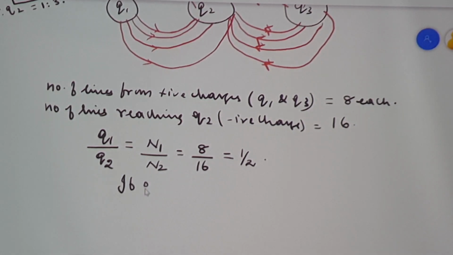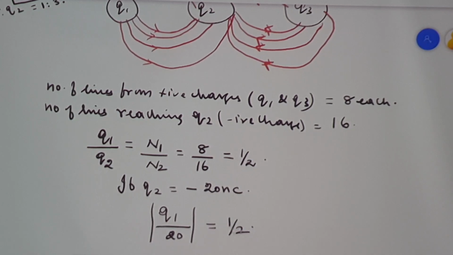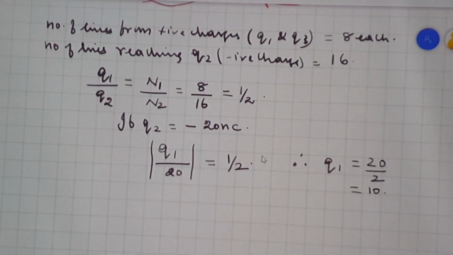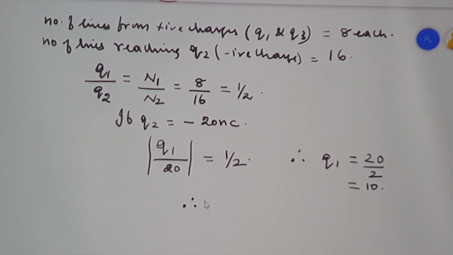Given Q2 is equal to minus 20 nanocoulomb, substitute here: Q1 divided by the modulus of Q2, which is 20, is equal to 1 divided by 2. Therefore Q1 is equal to 20 divided by 2, which is 10. So Q1 is equal to plus 10 nanocoulomb.